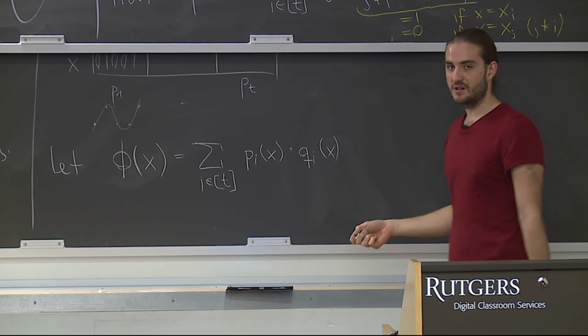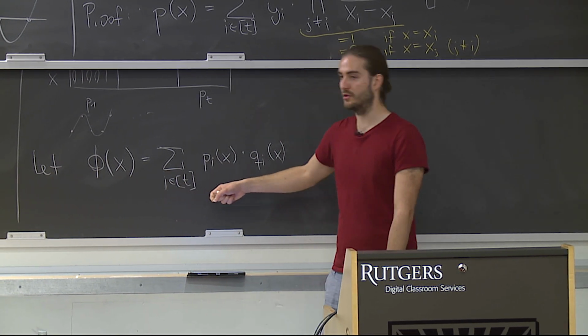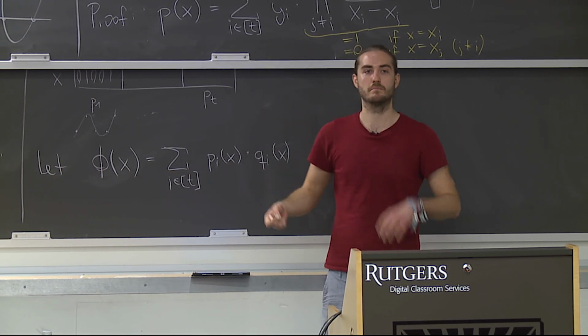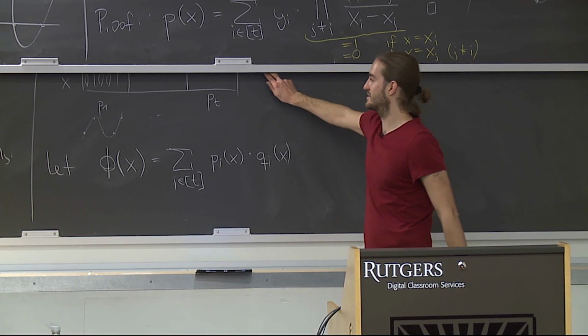We take a polynomial phi of x, defined as the sum over all i of p_i times q_i. We'll basically take an inner product of these again, which is exactly what we should do.